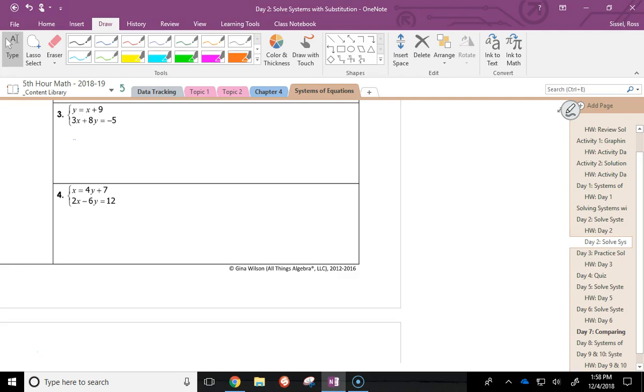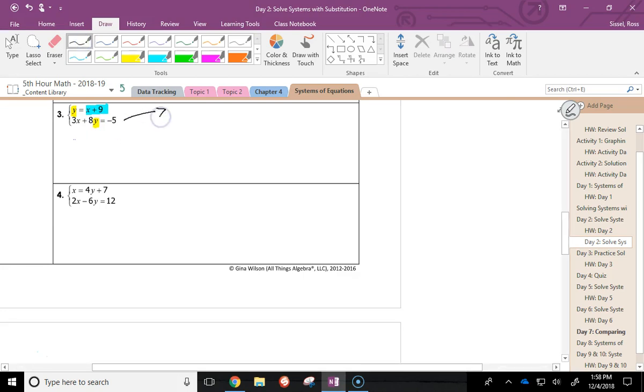So on number 3, I'm going to notice that my y is all alone. So I've already done step 1. I've solved for y. In any place I see y, I can put in x plus 9. So I look at my second equation, and there is my y.